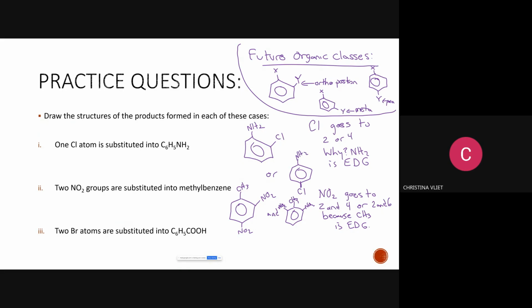And what about this next one? Two bromine atoms are substituted into benzoic acid. We've got benzoic acid. How should the bromine atoms be added? Should they go 2, 4, 6 or 3, 5? 3, 5. So the Br would be added to 3 and 5. Why?